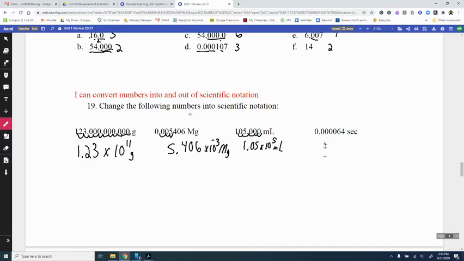Last one, we put our 6.4 times 10. We move our decimal 1, 2, 3, 4, 5 places. Since this is a small number, that's going to be a negative 5 seconds.